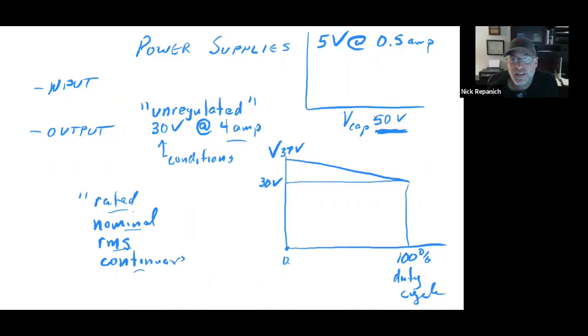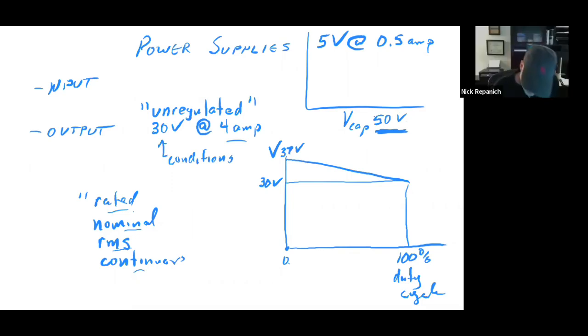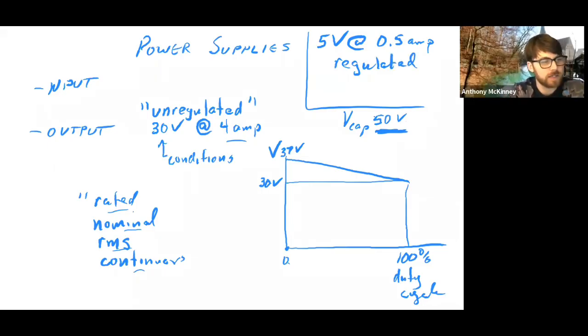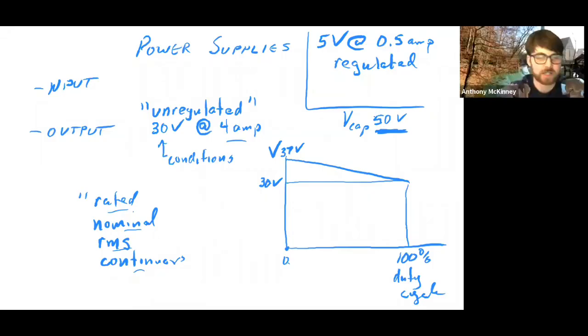And what does that say? Does that have a word after it? No. All right. It should have said regulated, but all right, you need to go look it up. Okay. It does say it on the data sheet. Okay, good. It doesn't say it on the actual power supply.